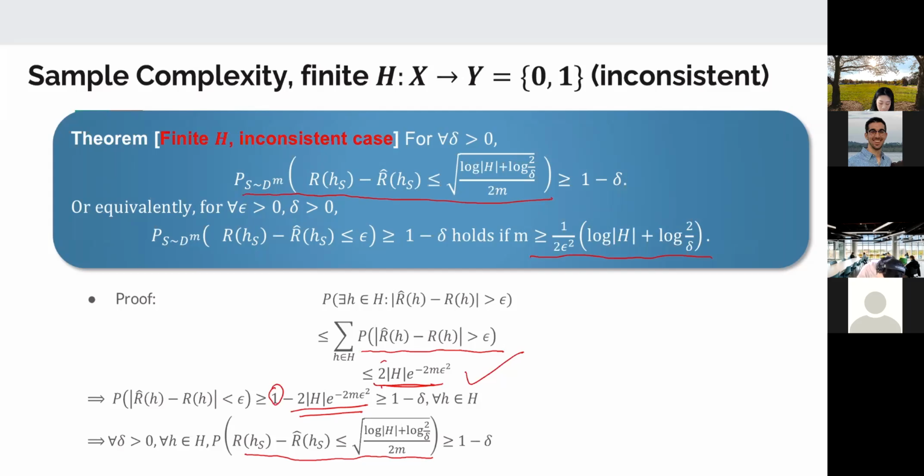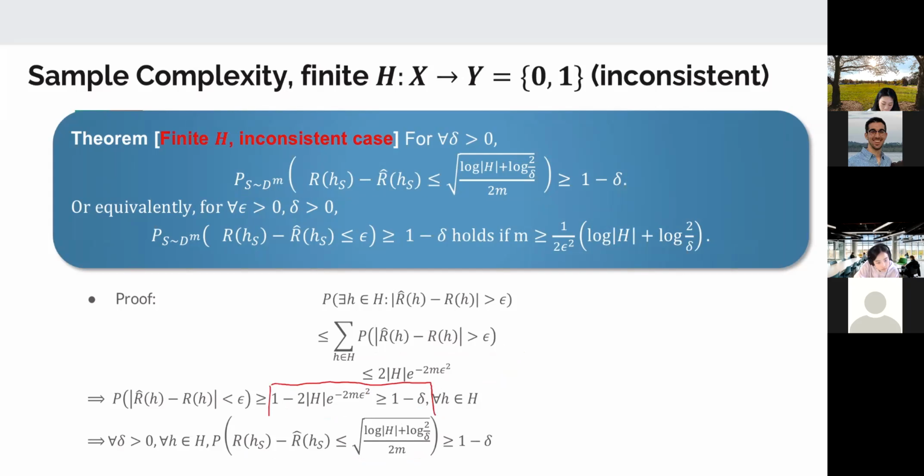This is nothing but setting this to be 1 minus delta, and you can solve this equation to get the expression of the error with respect to delta and the cardinality of H. You're just replacing the epsilon here. Does that make sense? You're just solving this equation to get the expression for epsilon. So epsilon is going to be smaller than or equal to this.